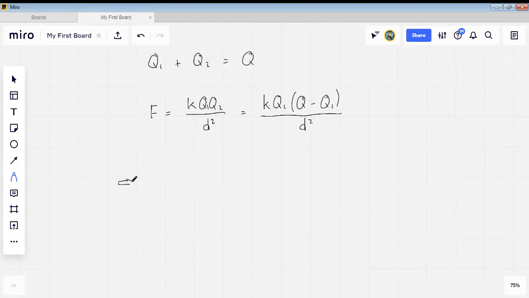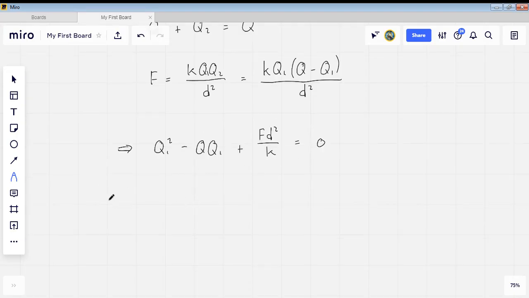So this implies that with some rearranging, we get Q1 squared minus Q times Q1 plus F d squared over K is equal to 0. So essentially we have a quadratic equation in Q1.